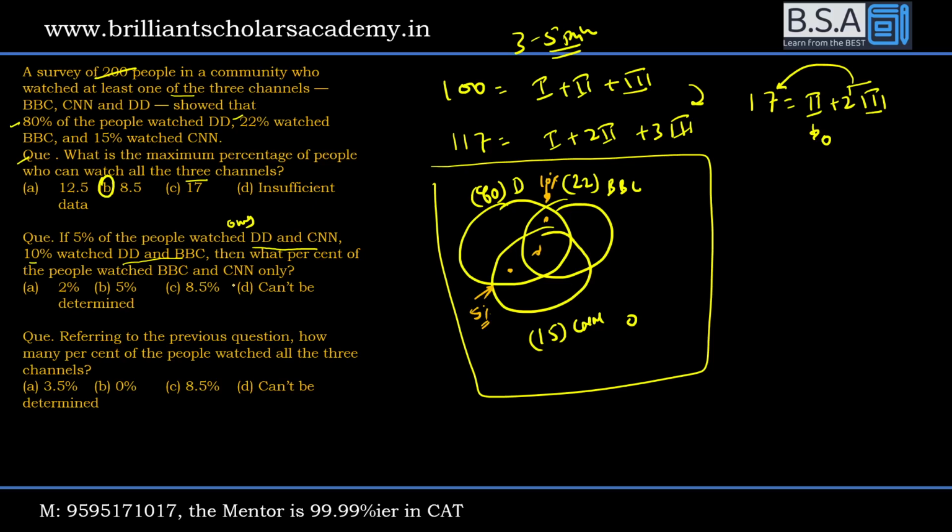The question is how many percent people watch BBC and CNN only? ये वाला सर्कल, ये वाला डॉट आपसे मांगा जा रहा है. Looks like CBD to me, but let me go into these numbers and see if I could find some kind of pattern for you. Total 100% I have.